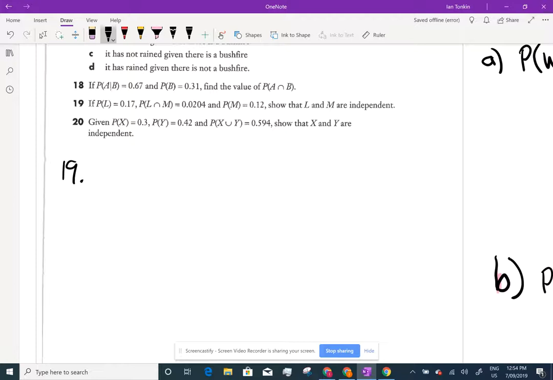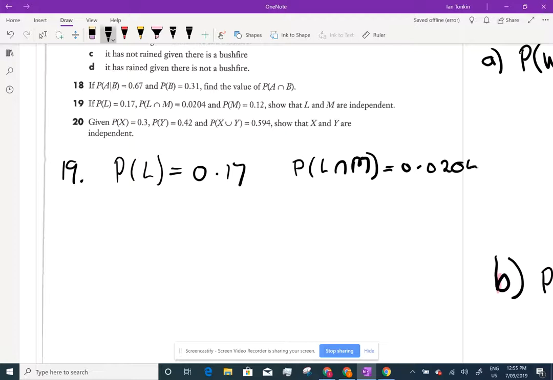If P of L equals 0.7, and P of L and M is 0.0204, and P of M is 0.12. Show they're independent.